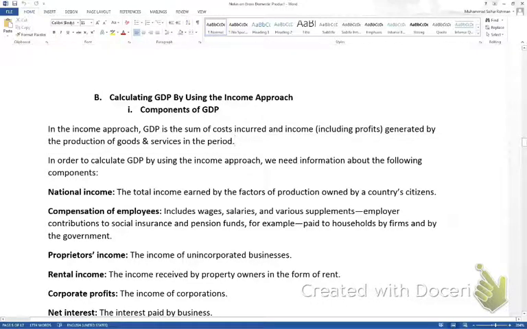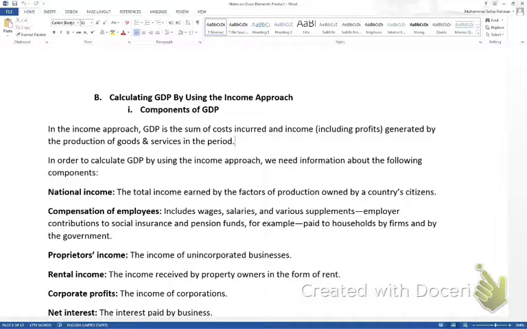We generate the sum of the costs and the income, because some people's cost is another people's income. So basically we find out what is the income of everyone in the economy and then add those up, and we get a GDP.